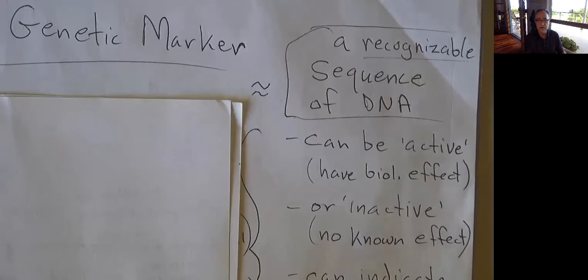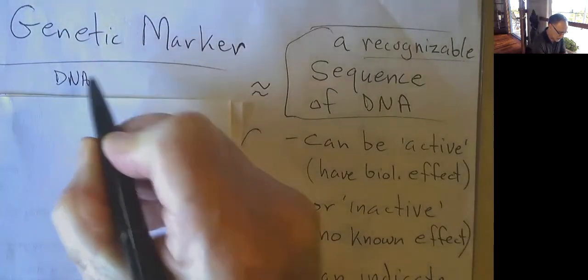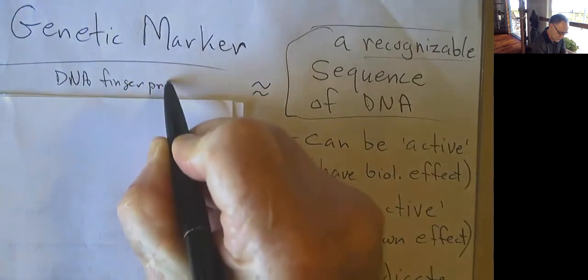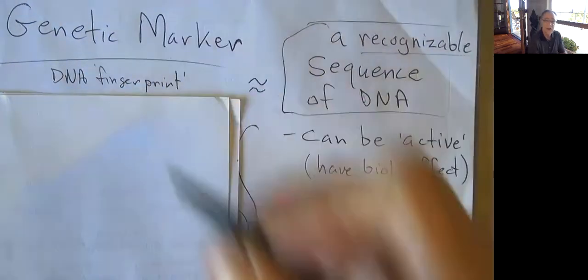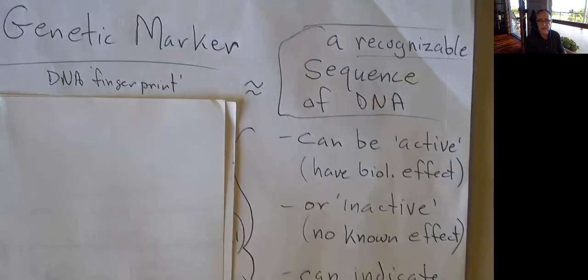So they don't have to be active or expressed as proteins. Sometimes they're just there, and it's a pattern. They talk about a DNA fingerprint. So that's a subset of markers. So we can jot down DNA fingerprinting. And the idea of the fingerprint is that it's unique, so we can identify individuals.